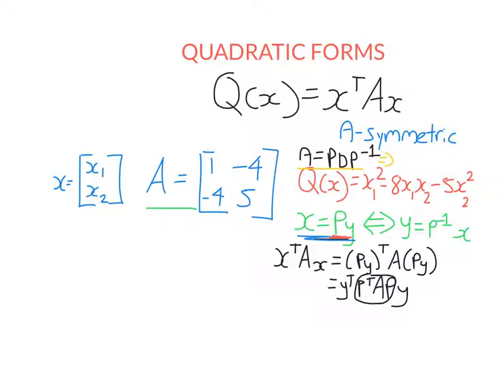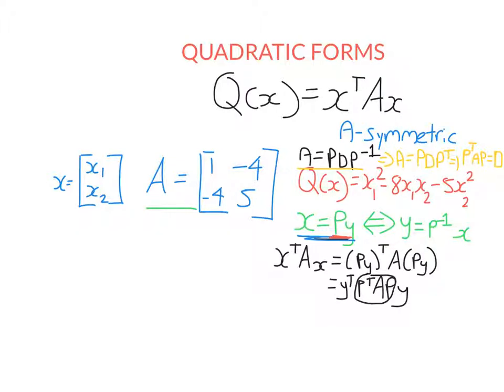So we want to pick P such that A is equal to PDP transpose, where P transpose is the inverse of P. So if we pre-multiply by P transpose and then post-multiply by P, we get that P transpose AP is equal to D. And as I said, D is a diagonal matrix.